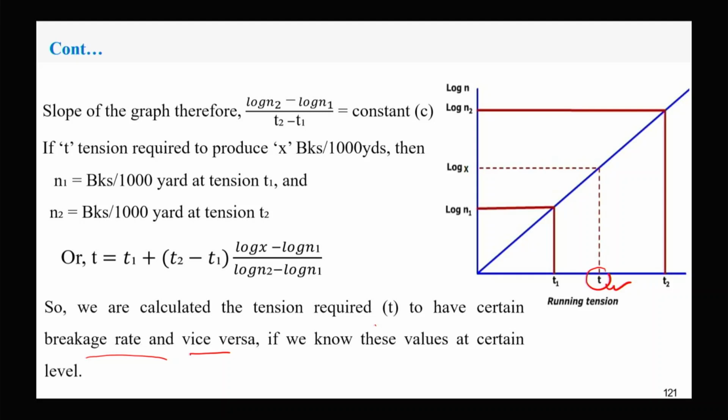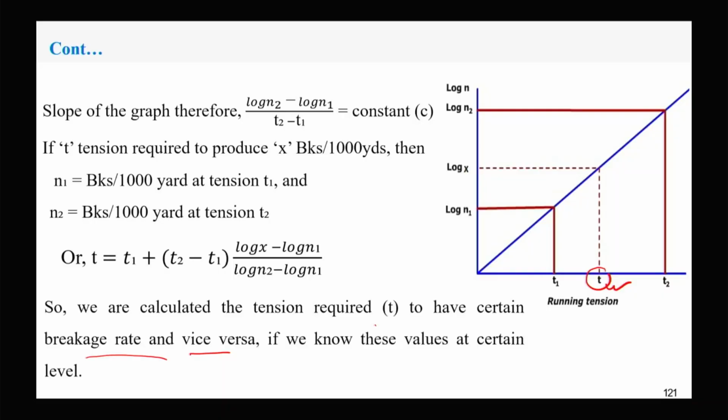And also, if we want to achieve a certain breakage rate, we can predict the tension required. So suppose we want to achieve a breakage rate of half of N1, so log N1 by 2. If this is the point, then we can calculate the tension required.